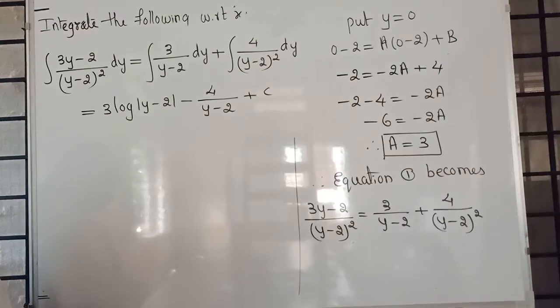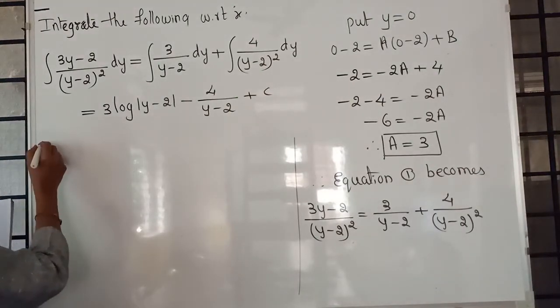Now write down that complete value in the form of sin and cos.